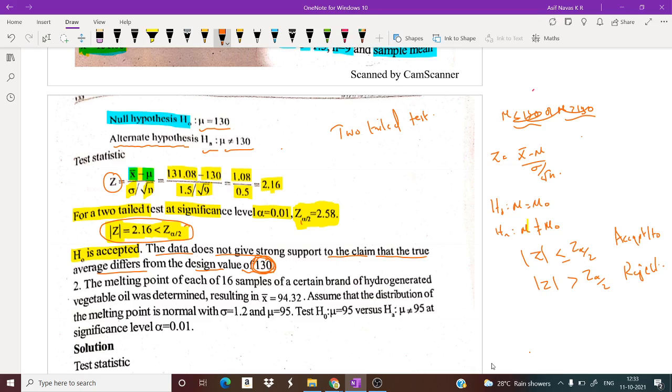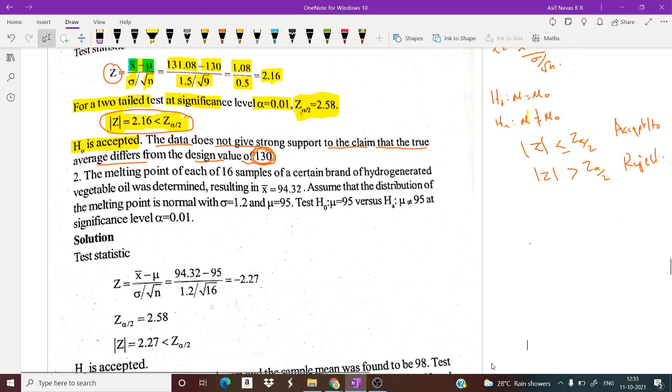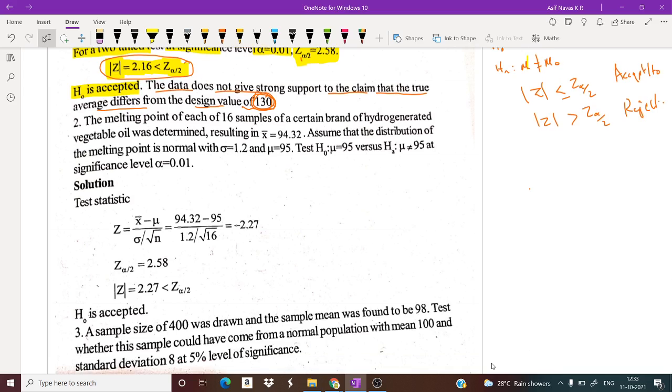So now we will move to another problem. Please do this problem. So here first we have to check whether it is a two-tailed or one-tailed test. The melting point of each of 16 samples of a brand of hydrogenated vegetable oil was determined, resulting in x bar equal to 94.32.